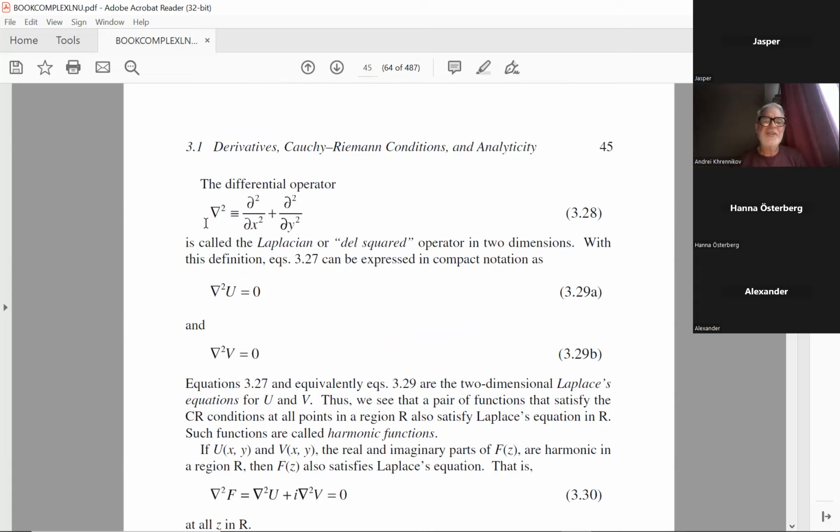So nabla square of this operator: you work with partial derivatives just as with coordinates. It's a sum of second derivatives. Typically in physical books, this operator is denoted by delta, the usual Latin large letter delta. So delta u equals 0, or nabla square u equals 0, or nabla square v equals 0. These are Laplace equations.